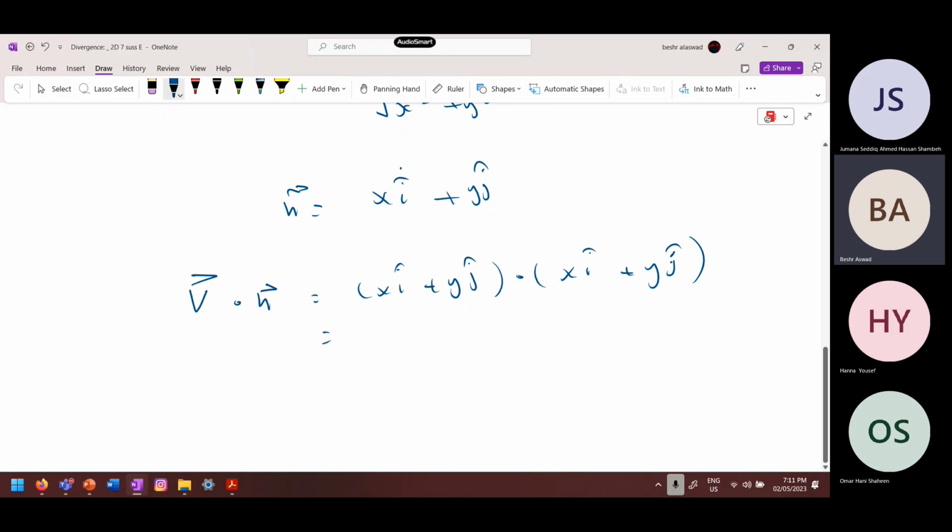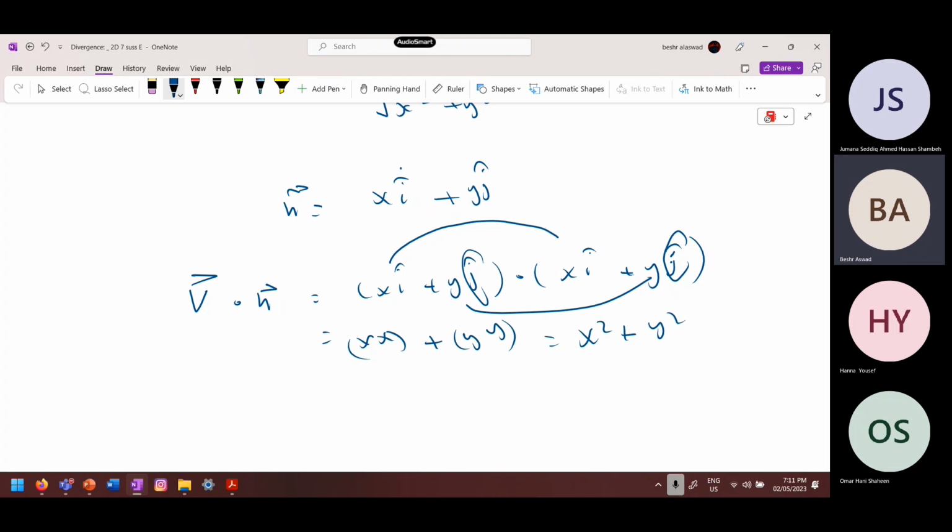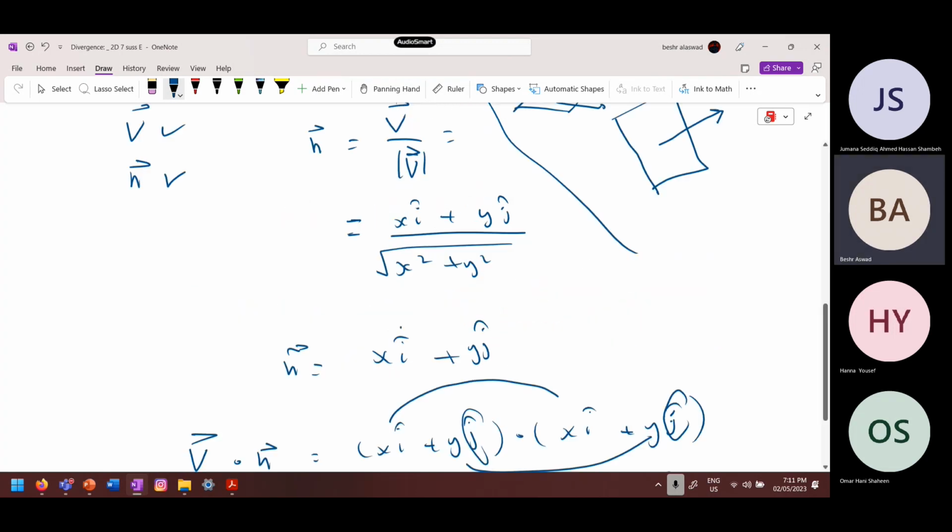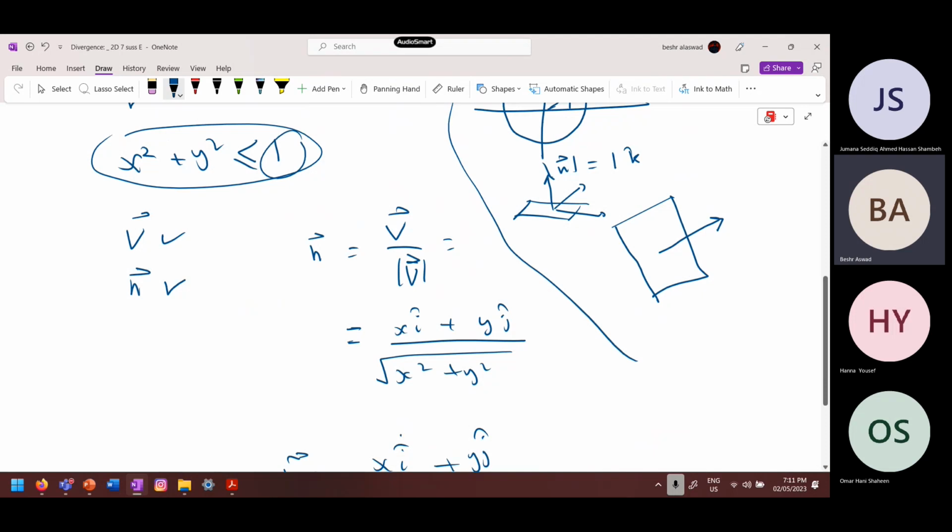I don't know where it is. Yeah, okay, it's correct. To solve this now, by dot product, you just need to do the multiplication with the same vector notation. So this will give you x times x for the i hat, but this is a scalar value, so there are no vectors. And y multiplied with y, that's equal to x squared plus y squared. That's also equal again back to here, equal to 1.